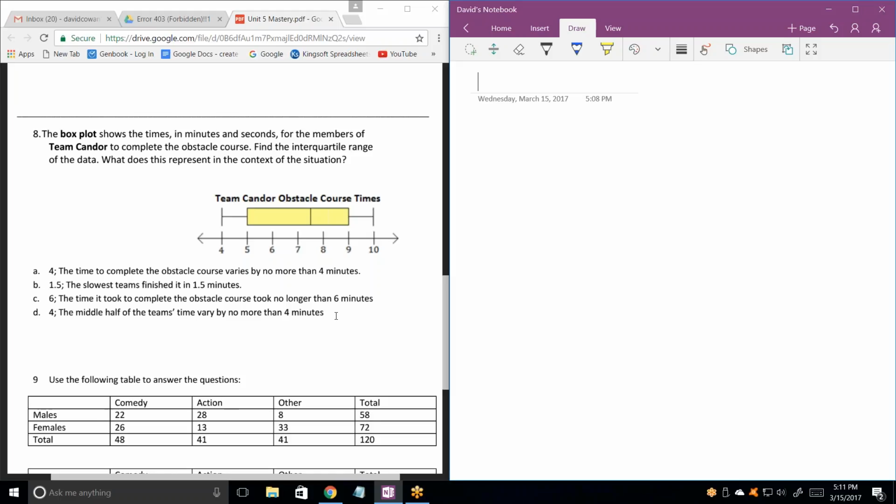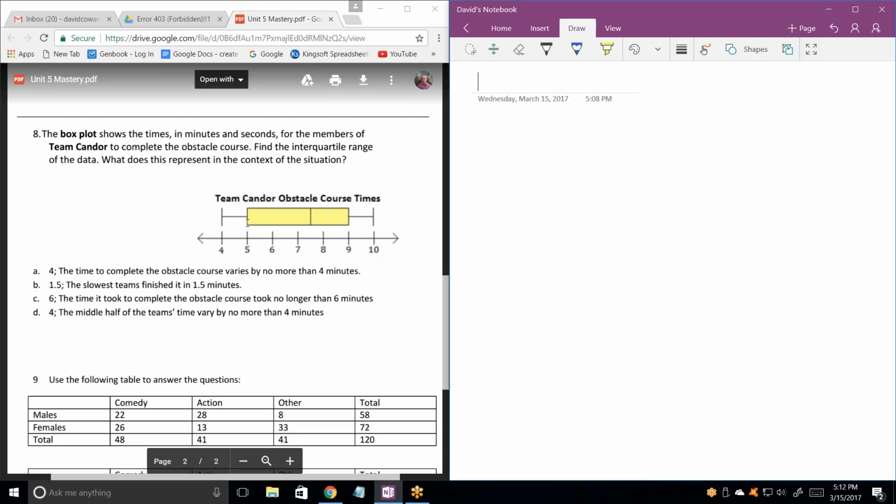Ah, wow. The middle half of the team's time. I don't even see how that could be. Oh, yeah, it's okay. That's got to be correct.